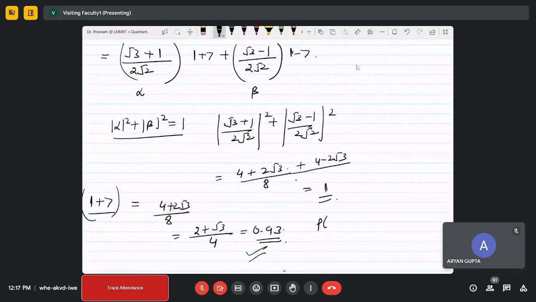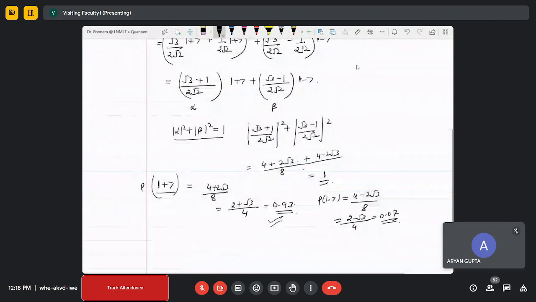Simply, when you find the probability of the minus axis, it will be 4 minus 2 root 3 divided by 8, which is equal to 2 minus root 3 upon 4, and which tends to be 0.07. Is it clear?